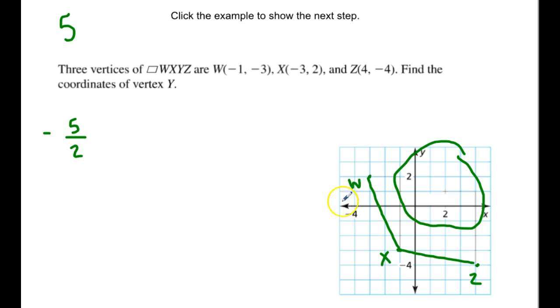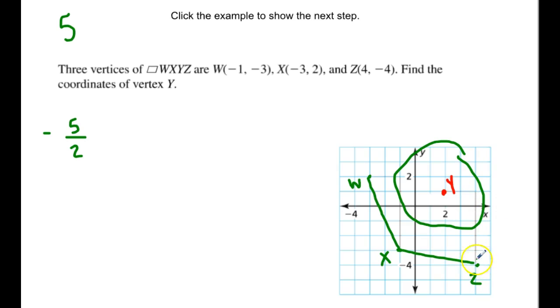So that tells me that my slope from point Z to point Y also has to be -5/2. So I know that I can go up 5 and then back to the left 2 from this point. So 1, 2, 3, 4, 5, 1, 2. So this is going to be where my point Y lies.